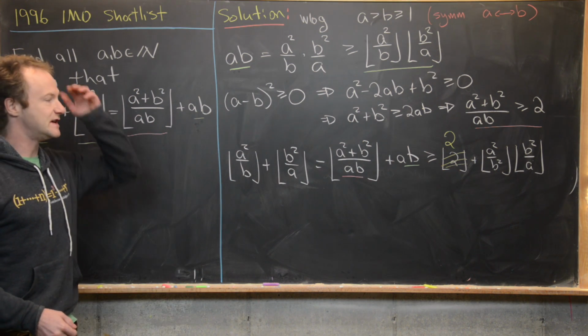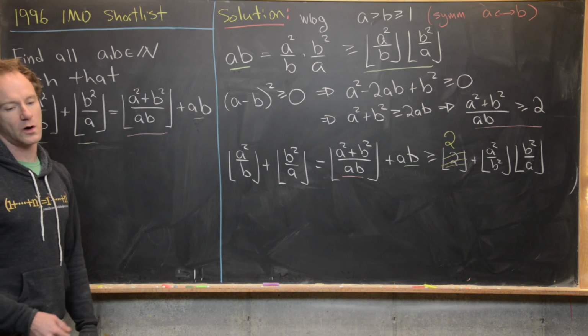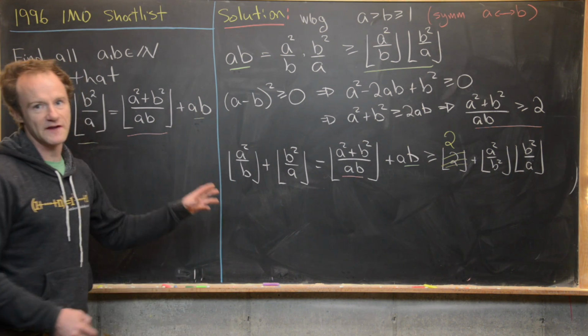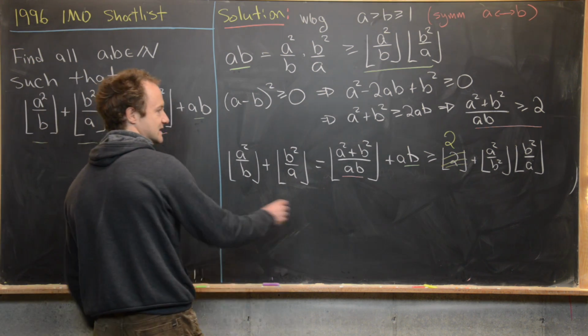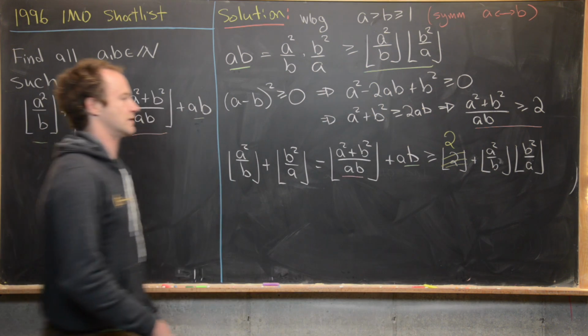Okay, so next I'm going to move everything around so that I have a -1 on one side of the inequality. So let's write that down and maybe talk why that is a nice thing to do. Oh, I noticed I've got an extra b there. Let's erase that.